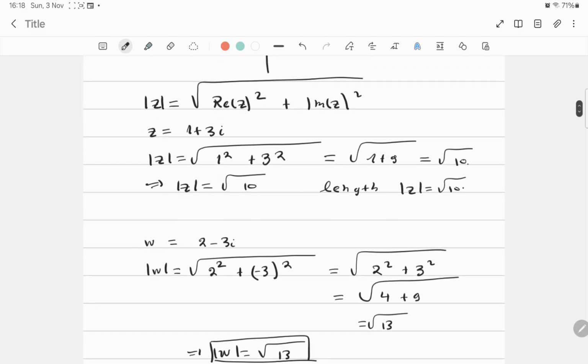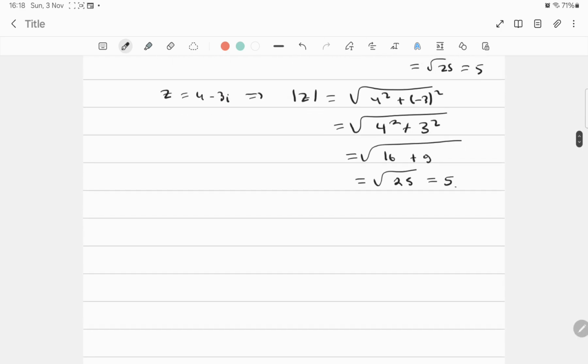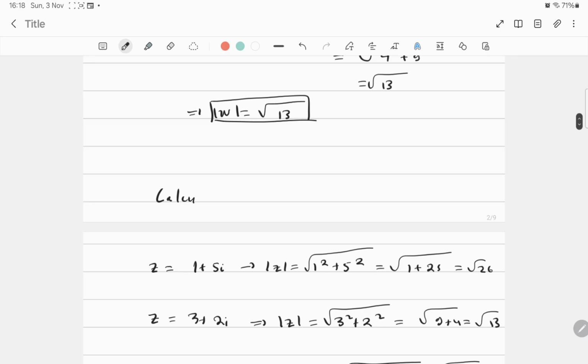Okay. So this is the calculation of the modulus of z.